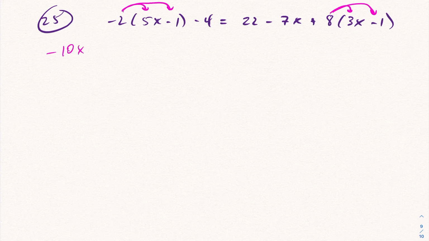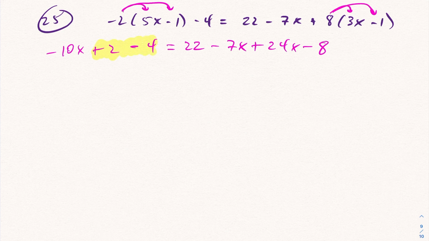So this becomes negative 10x plus 2 minus 4 equals 22 minus 7x plus 24x minus 8. Now I would go ahead and collect like terms.